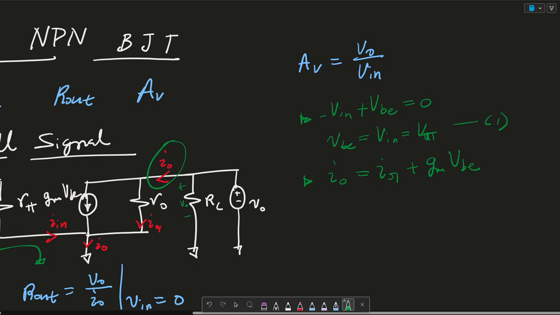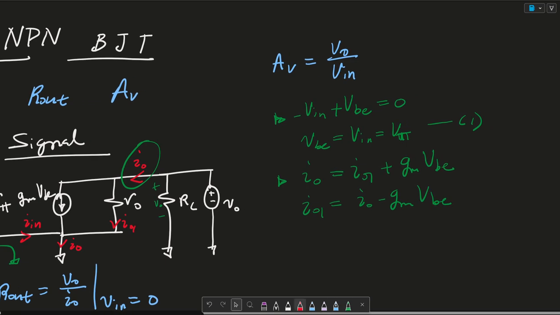As a result, we can solve for IO1 and say that this is equal to IO minus GM VBE. But we know that VBE is equal to Vn. So we can say that IO1 is equal to IO minus GM Vn.